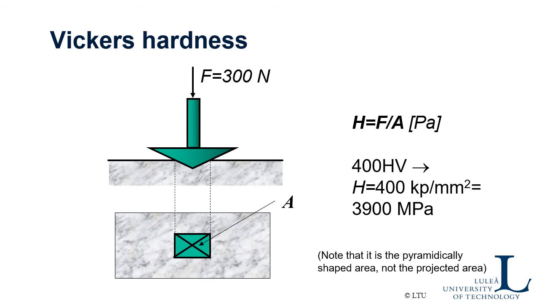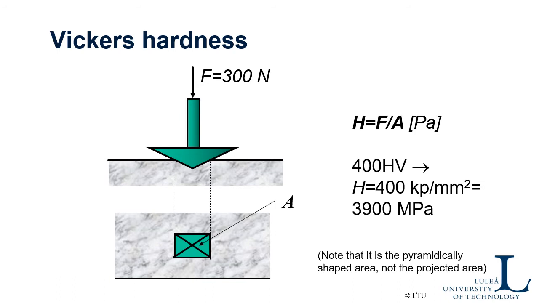So Vickers hardness, which is a very common type of hardness measurement, means that you place a kind of pyramidal indenter, a very hard surface, and you apply a load of 300 newtons on that one, and you create a permanent dent that looks like a pyramid like this.